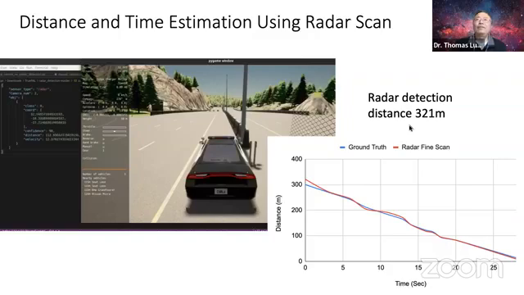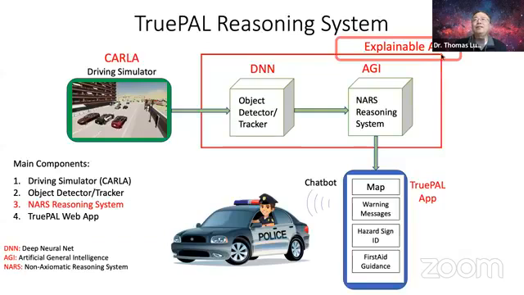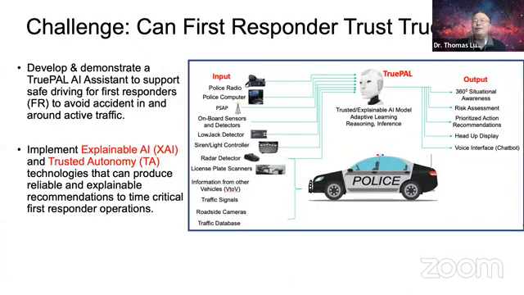Then one big part is explainable AI. The reason we want to make it explainable is that this is a very high tempo, life and death situation. So the first responder has to trust the AI system. Otherwise, they don't want to use it.